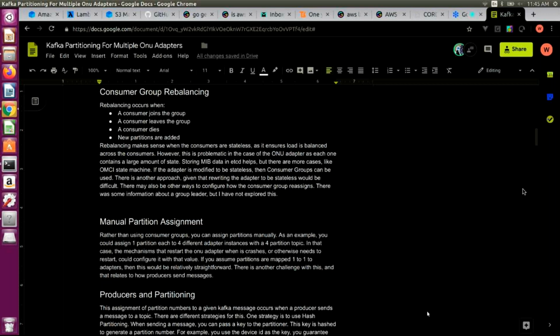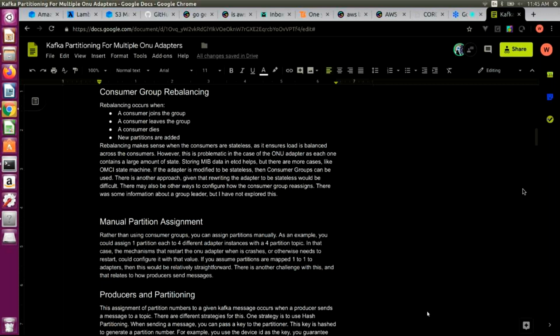If that happens, why would it just dying and coming back cause a rebalance? This is if you use the default consumer group behavior, because it is built with the stateless setup in mind, where one will look over. If you don't want to do that, you can either do it manually, or I think there are some ways to modify how consumer groups behave. I didn't look a lot into that, but it is possible.